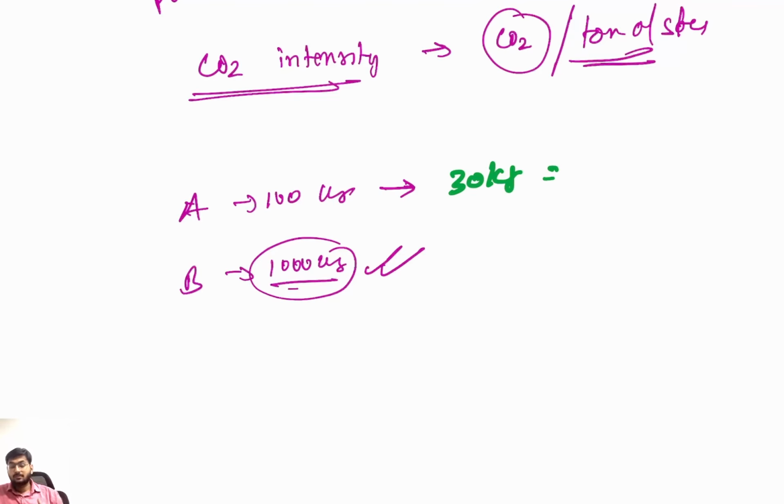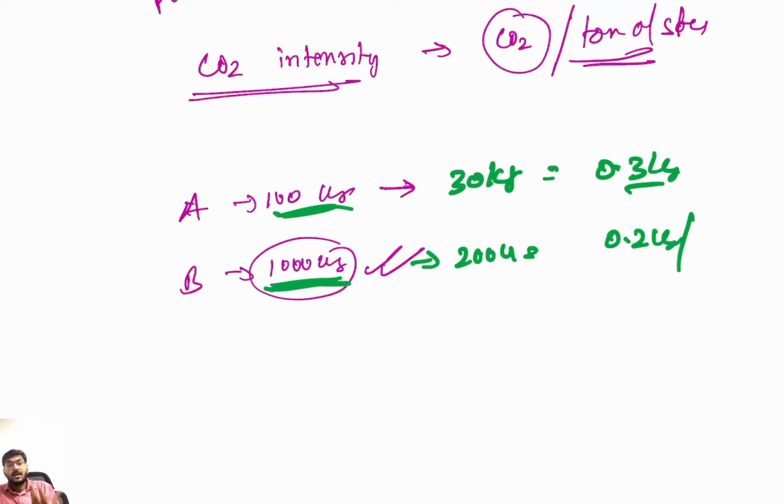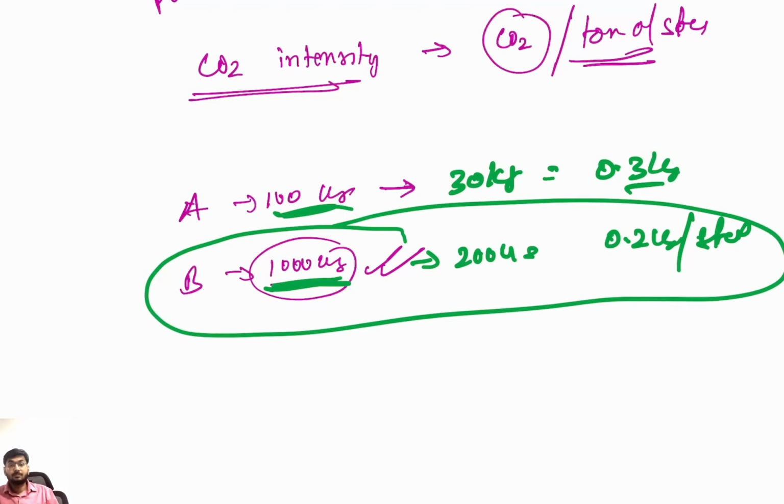So how much did they release per kg of steel? 0.3. But B has produced say 200 kg in the atmosphere. So their carbon dioxide is 0.2 kg per 1 kilo of steel. So company B is much better.